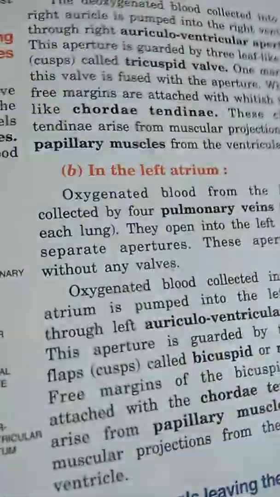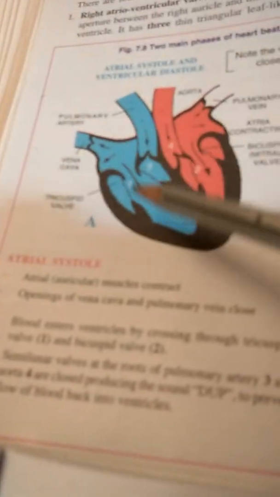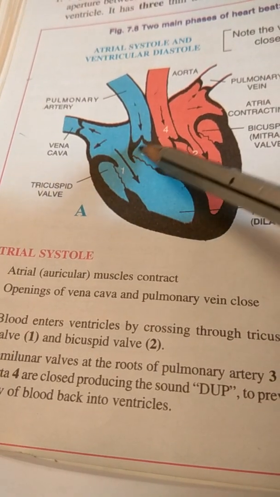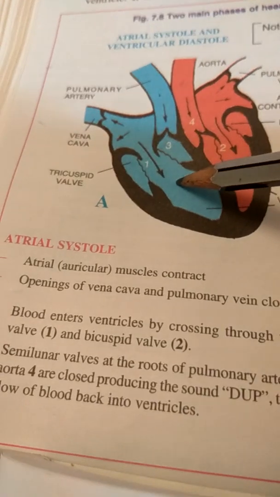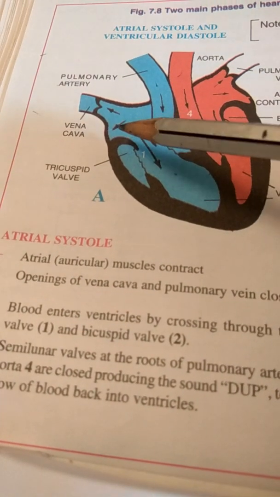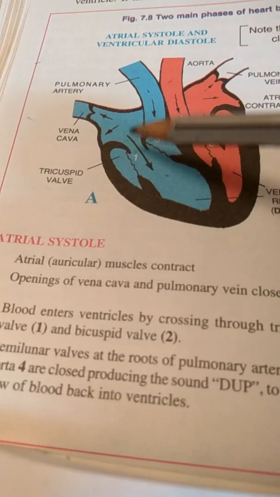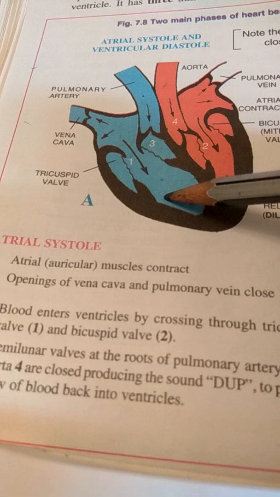There is an opening between the right auricle and right ventricle, and this is called the right auriculoventricular aperture.